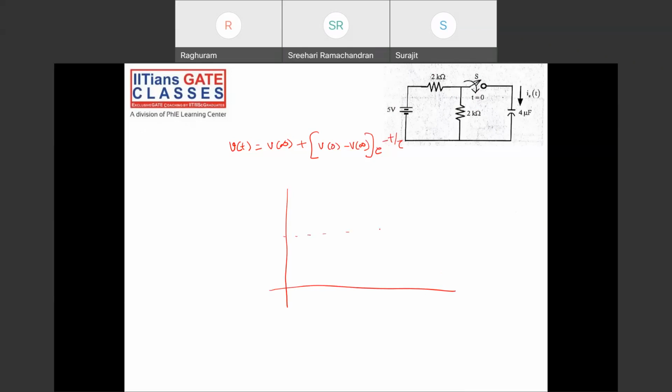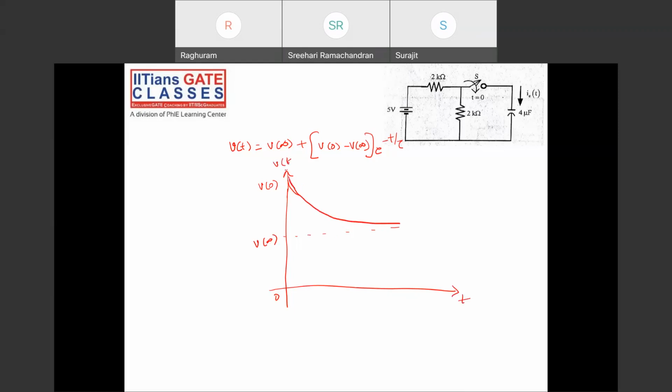Initially this is V of 0, an exponentially decaying term, and this is V of infinity. At t equal to infinity, the transients will die out, and the voltage will be constant at V of infinity.